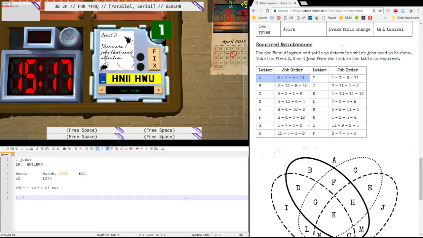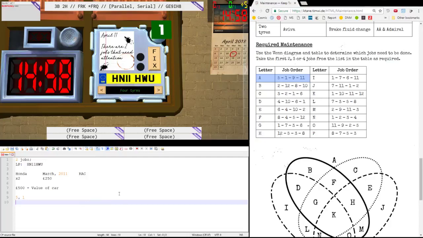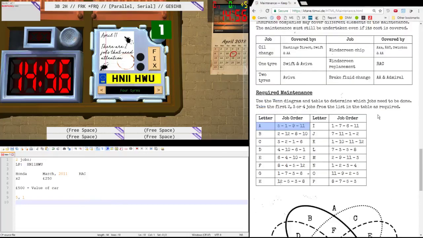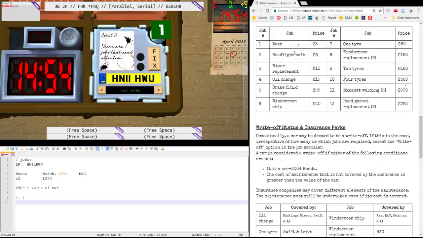Now, we'll actually be ordering these jobs in a minute. That does not mean to order the jobs and then take the first two. It's take the first two from this particular list here. So we have 5 and 1 as our jobs. Let's scroll back up. Those two jobs would be a wash and a brake fluid change.